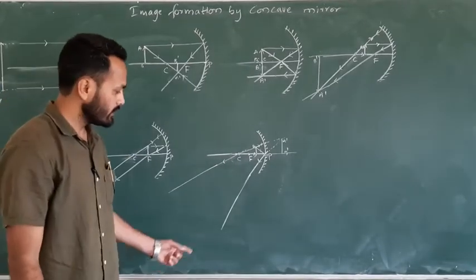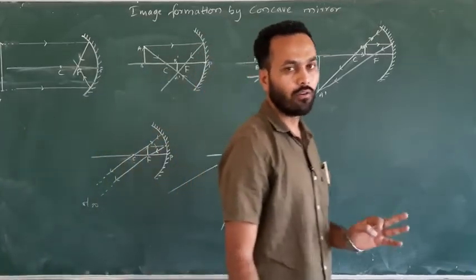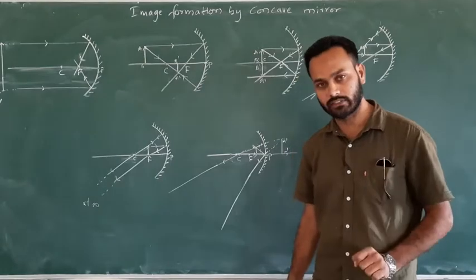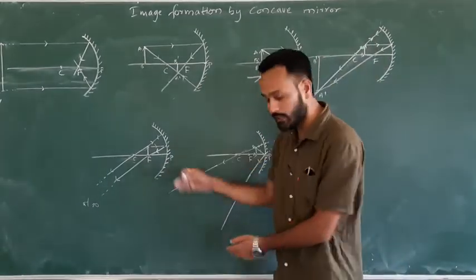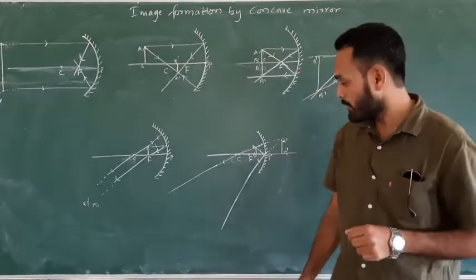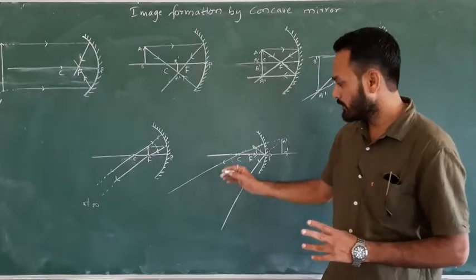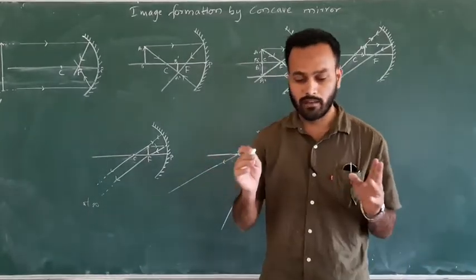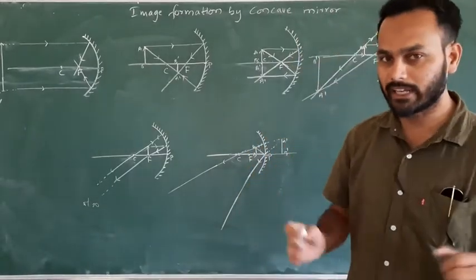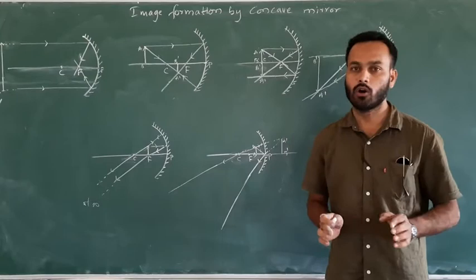Do you think these two reflected rays are going to intersect? Never. Yes, these two reflected rays will never intersect because you can see the distance between the reflected rays is increasing. So in such cases, when the actual intersection is not going to happen, how do we locate the image of the object?